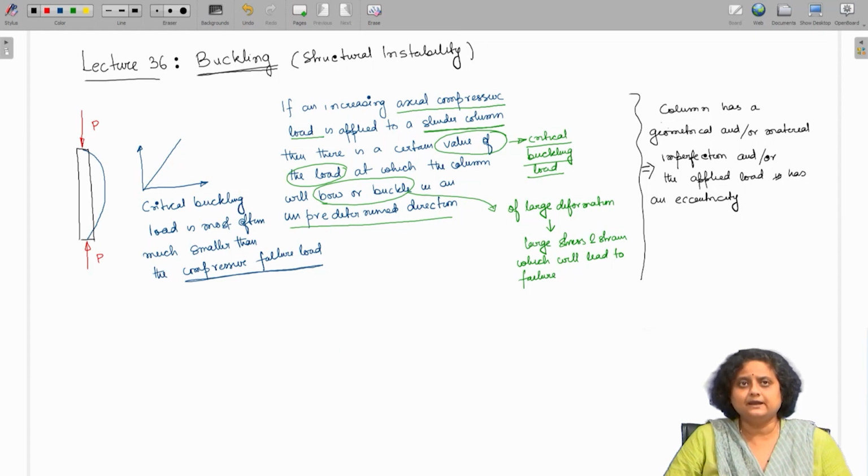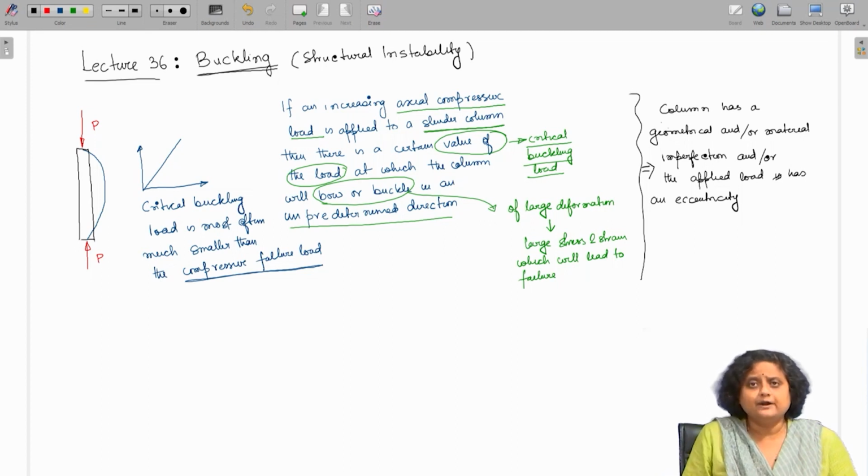Therefore, in reality, almost all the slender columns that we encounter will be susceptible to buckling failure. Therefore, it is very important for us to understand buckling carefully.